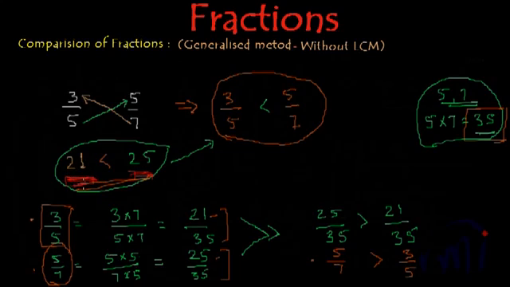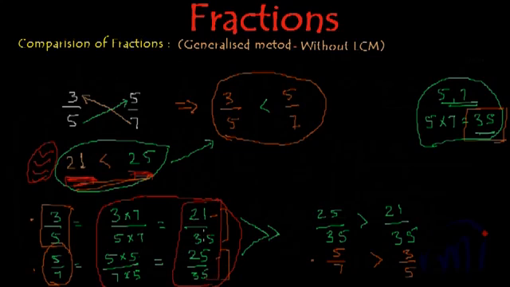So here we are actually omitting the step of writing their equivalent fractions, isn't it? But actually what we are doing is indirectly finding only the numerators of these equivalent fractions, right? And that is the reason this method works, though we don't need to find the LCMs.